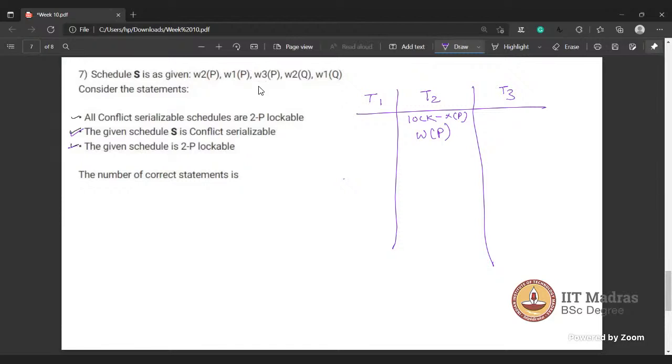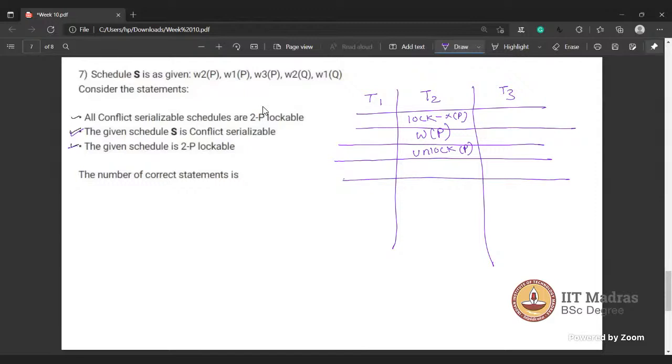Then it's W1P, so you have to unlock P. Unlock P. Then W1P: you have to apply an exclusive lock, so XP.